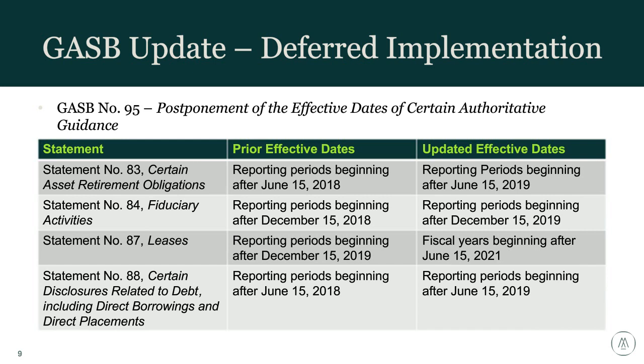So that is a quick update on the delays on the standards that have come out, which I know is a great reprieve for everyone, especially in light of all that you are all dealing with right now.